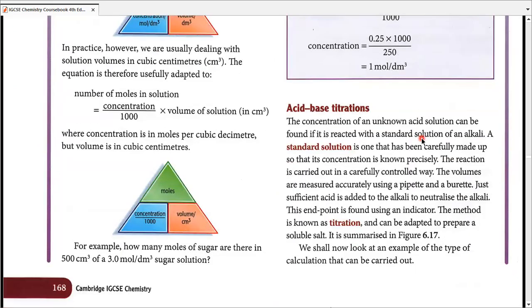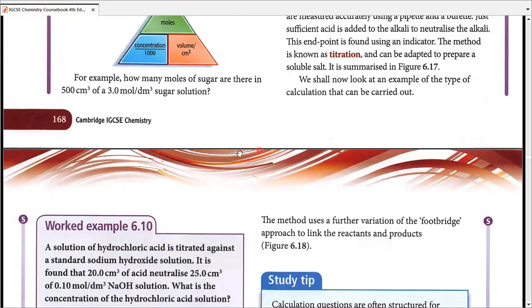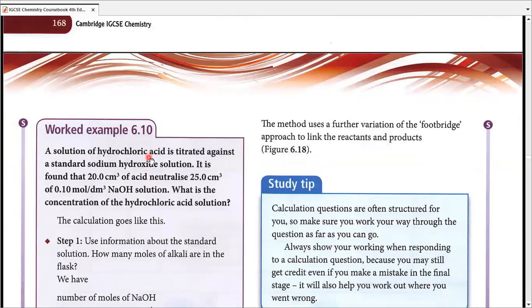So next up is acid-base titration. In titration, what we do is react an acid with an alkali, and we tend to go with a question like this. I'm also going to give you a question like this, but let's go with this worked example first, and then we'll go with the question after.